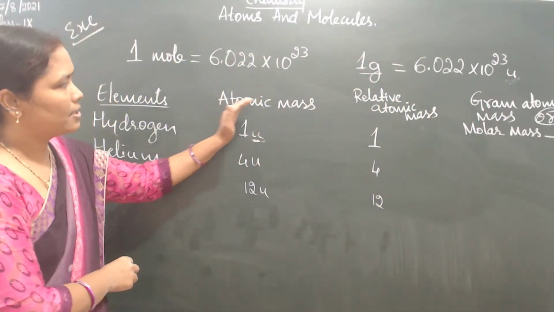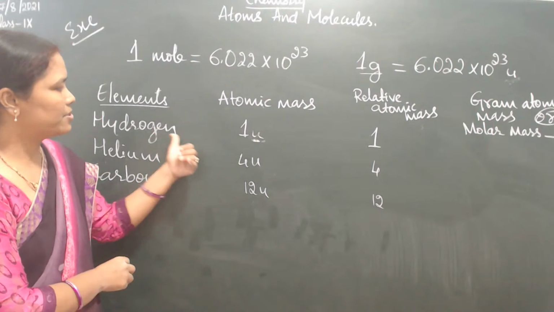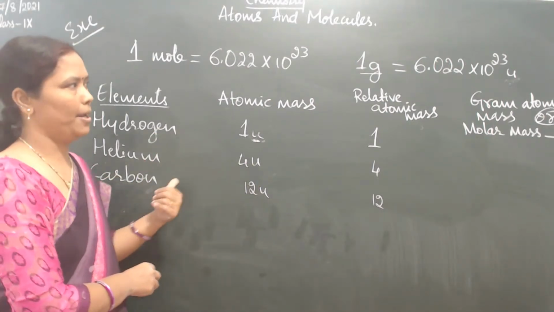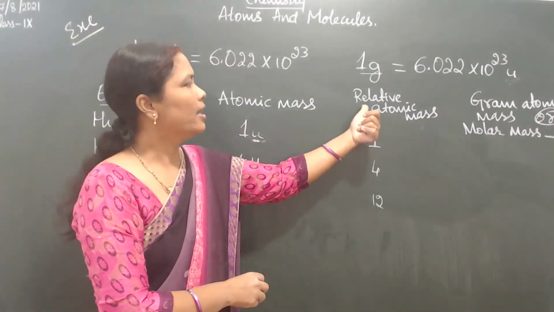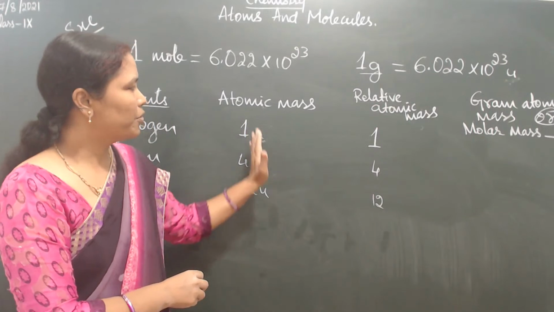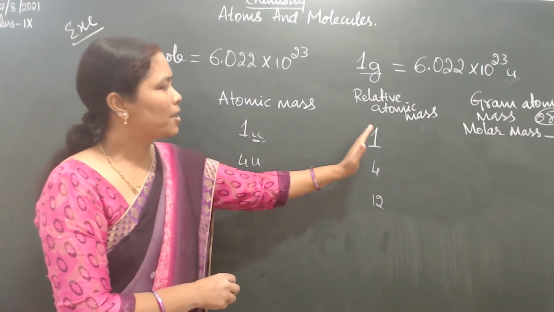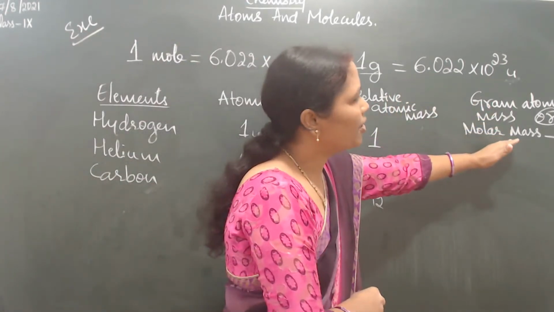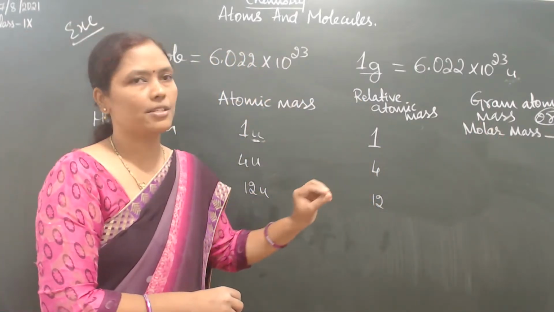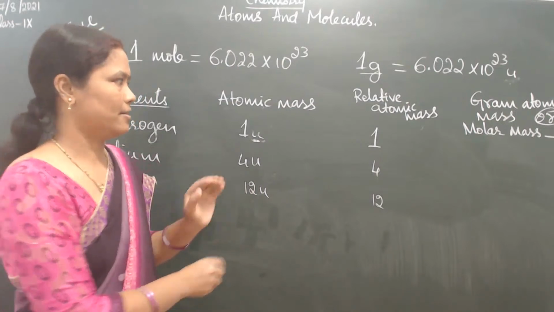So this is the atomic mass of hydrogen, helium, and carbon. When we write the relative atomic mass, we just remove this unit. Then, the gram atomic mass is also called the molar mass.